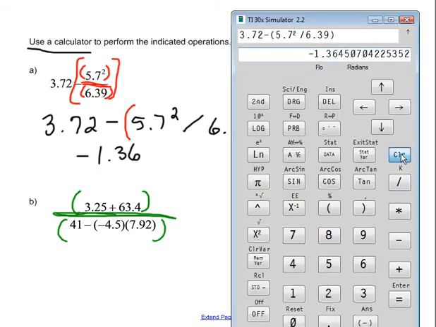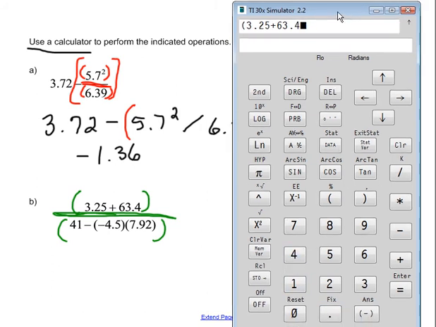So let's clear out our last problem. So in parentheses for our numerator, we're going to do 3.25, and we're going to add to that 63.4. Just shift my calculator a bit here.